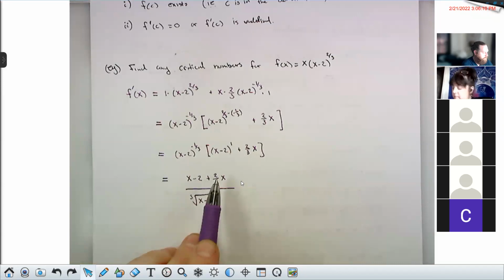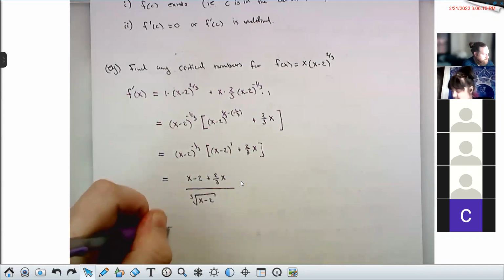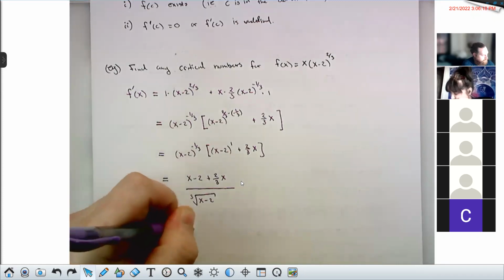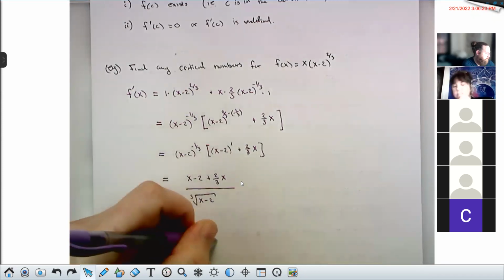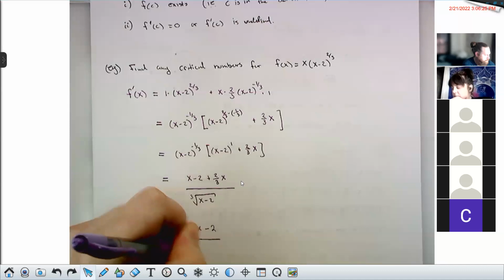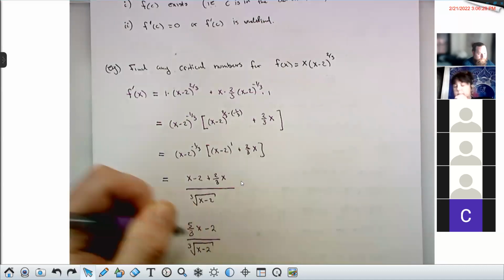I have an x and a 2/3 x that I can combine. So x plus 2/3 x is 5/3 x. So I have 5/3 x minus 2 divided by the cube root of x minus 2.